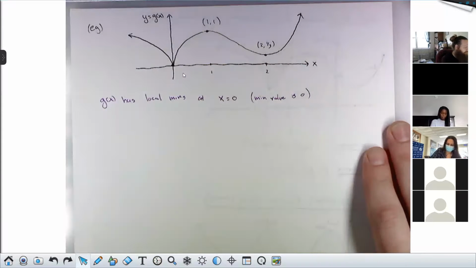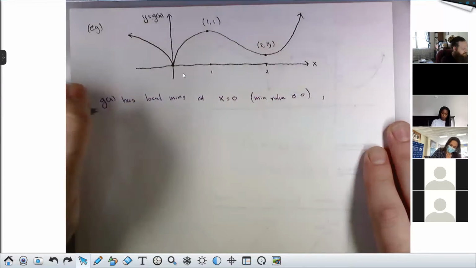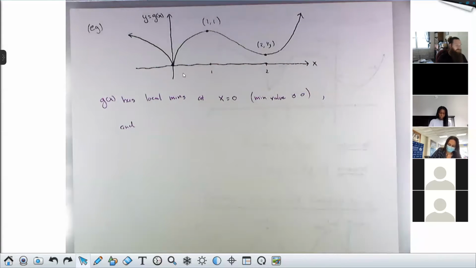So here's one of them. Anybody see another one? 2, 1/3. Yeah, this point is a local min. So the location of the local min here is 2. And the min value there is 1/3.